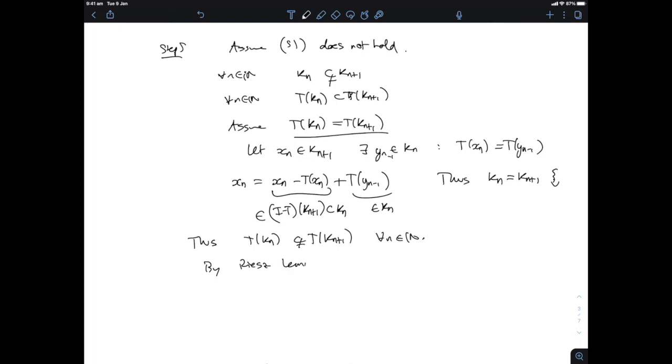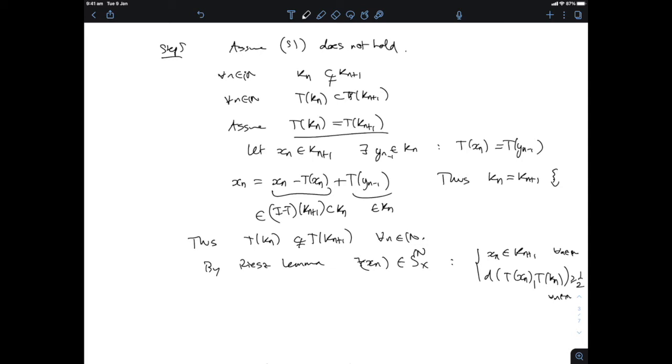And by Riesz lemma, we get that there exists a sequence of xn in the unit sphere of X, and they are such that xn is in Kn+1 for all n, and the distance between T of xn and T of Kn is going to be greater than 1/2 for every n.